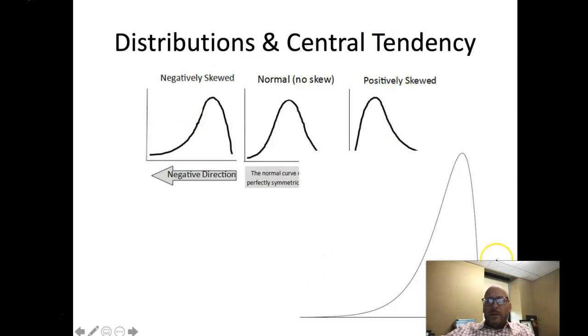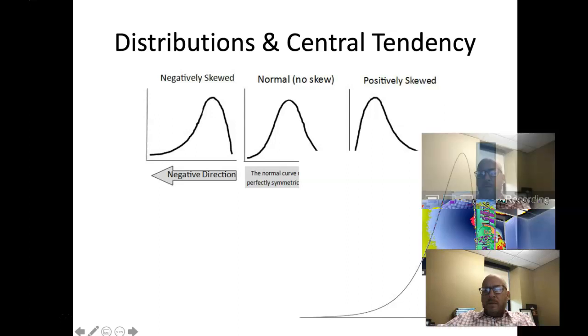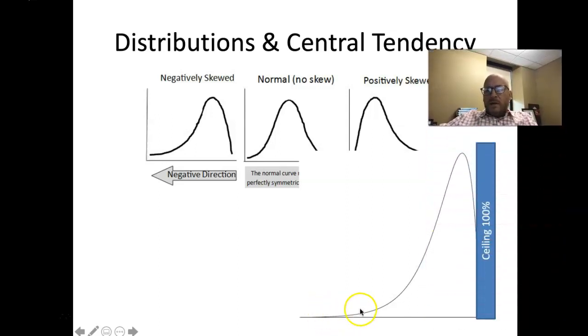Now, I want to look at this graph right here, because I want you to think about why some things are skewed instead of normal. Well, let's imagine that this is a set of grades for a class, and I'm going to move my little window here. Imagine that's a grade book from class. What you should see here is that we have a negatively skewed distribution.